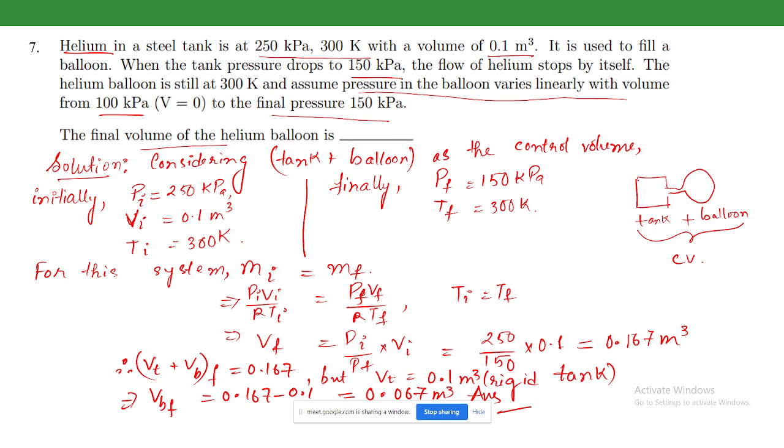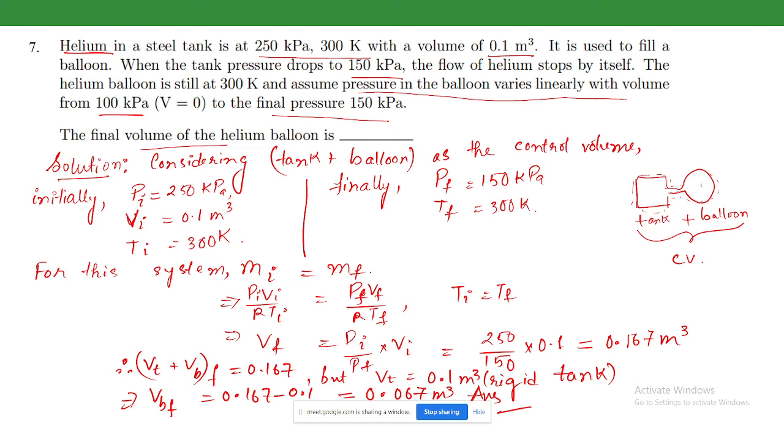Okay, so see, we are considering the tank plus this balloon as the control volume, right? Yes. So in this control volume, what happens? Initially, there is a particular mass of helium inside the tank, and the balloon has no volume, that is, there is no mass inside the balloon. In the final state, some mass of helium from the tank moves to the balloon, and the balloon gets inflated. So whatever mass was initially inside the tank will now be in the balloon plus the tank finally.